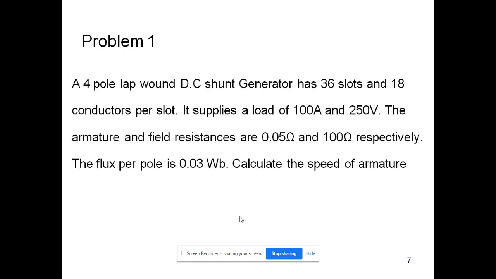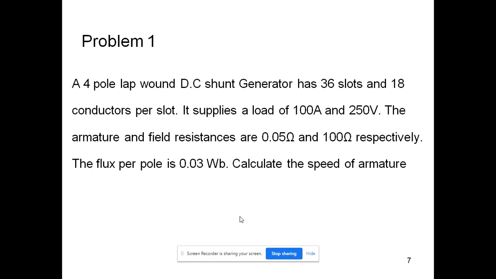Let us see the first problem. I will read out the problem. A 4-pole lap wound DC shunt generator has 36 slots and 18 conductors per slot.